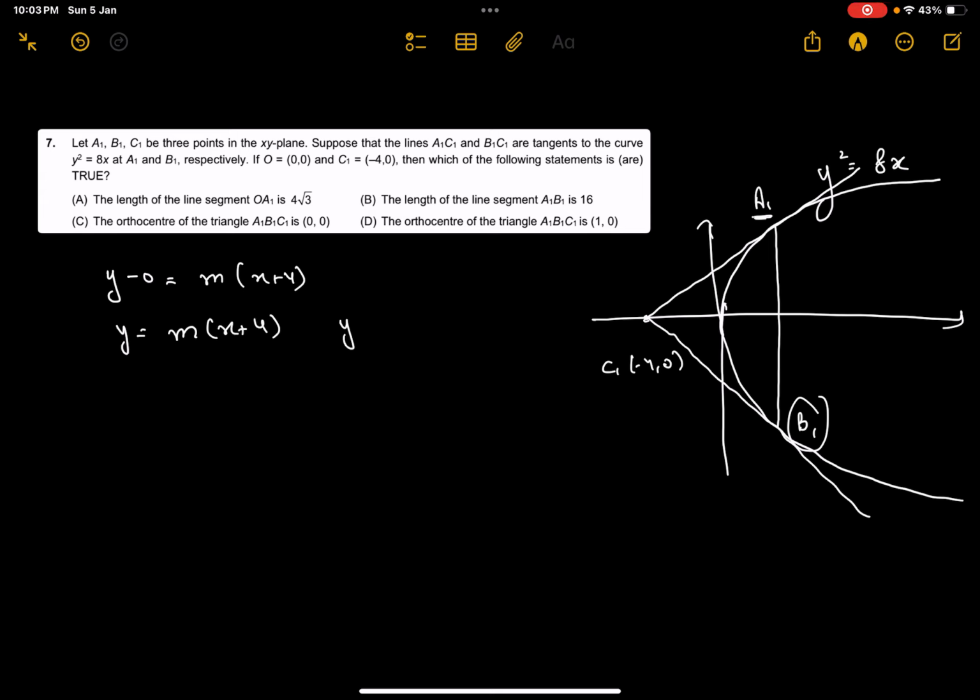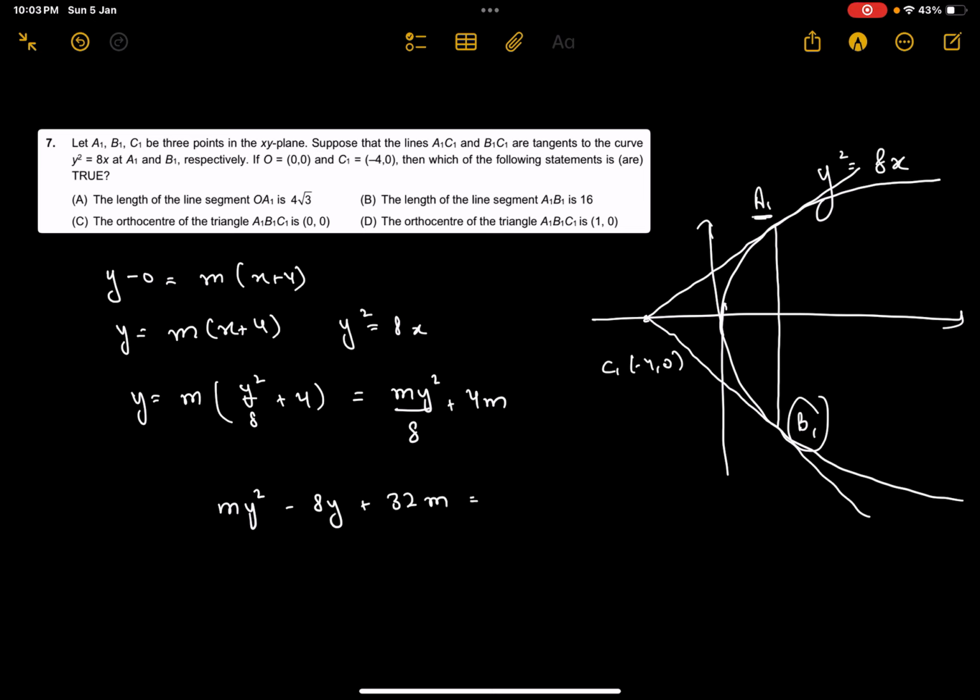We solve this with y square equals 8x. We need that we have only one solution for y. So y equals m times x, which is y square by 8 plus 4, which equals m y square, which is m y square minus 8y plus 32m equals 0.